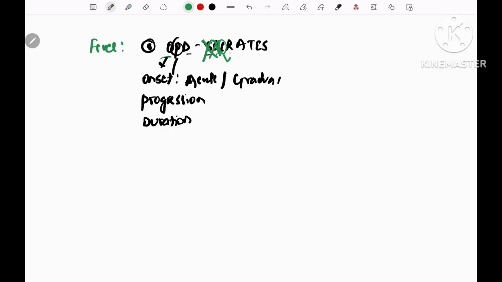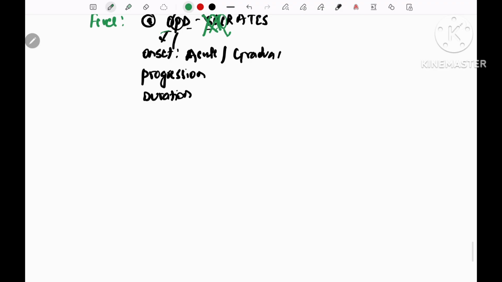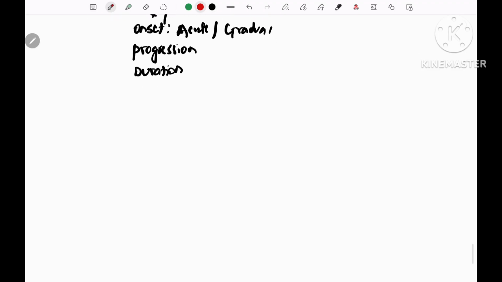C means character. For fever there is no specific character, but we divide the fever into 3 types.